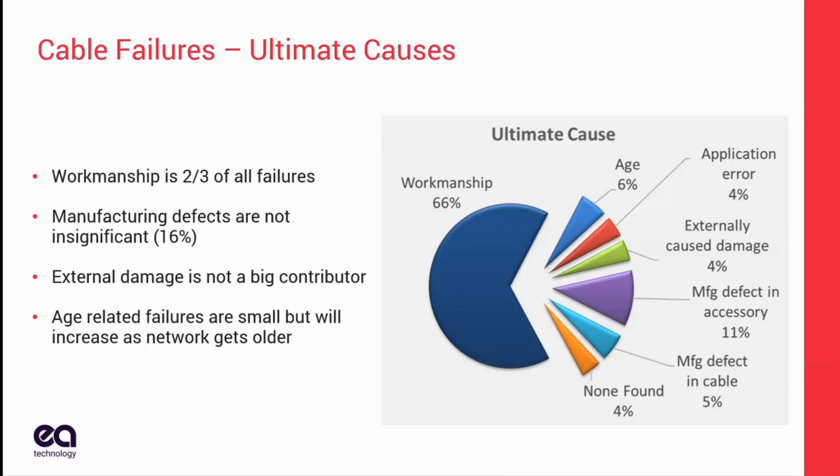That's high. We really expected to see that lower, and expected external damage to be a bit higher. 4% was not very high. So if you look at that, if you could get rid of the manufacturing defects and you could get rid of the workmanship issues, you'd have 1/10 the number of failures that you have today. So those are the ultimate causes we want to address.